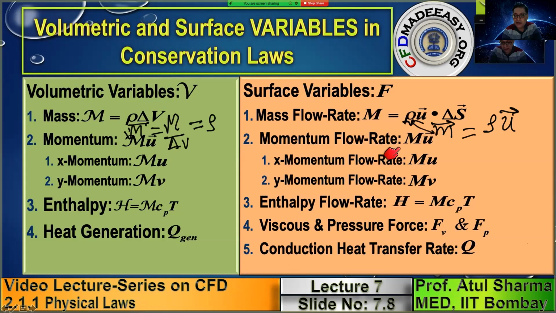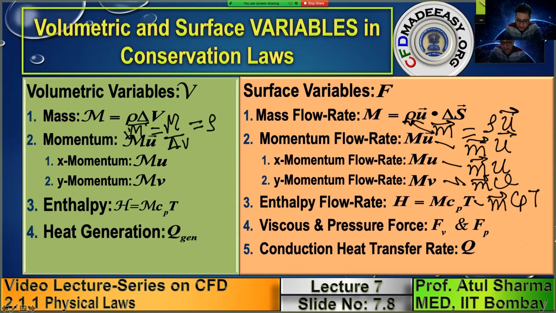In the next slide, the momentum flow rate will become m vector, u vector. This will become m into u, this will become m into v, and this will become m cp T. Now when I divide these forces by area, you will get stresses.